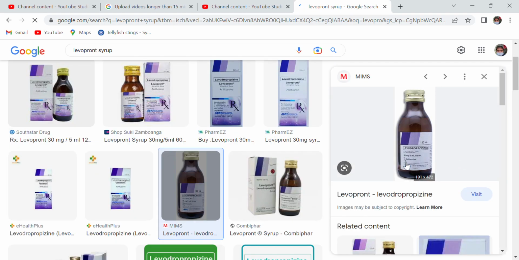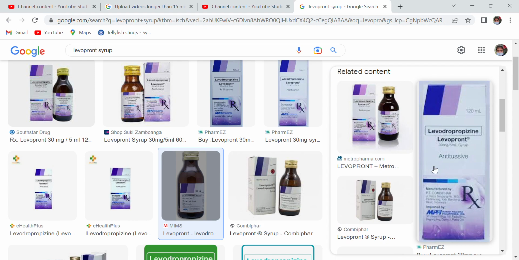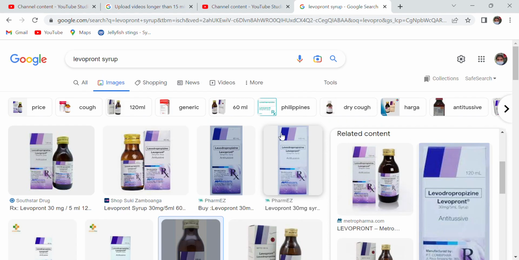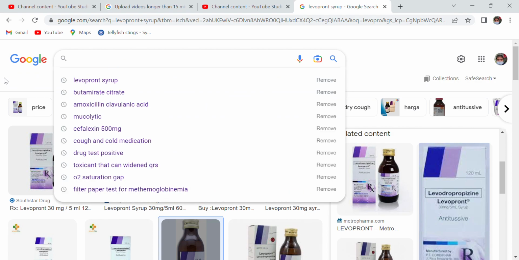Actually the box of the medication would write down its use: antitussive. So this is Levopront or levodropropizine, an antitussive. What about if your cough is because of asthma?